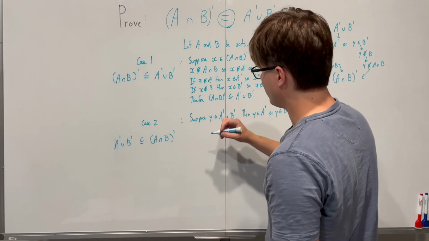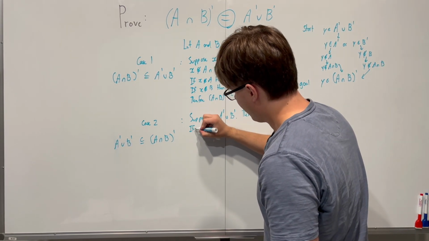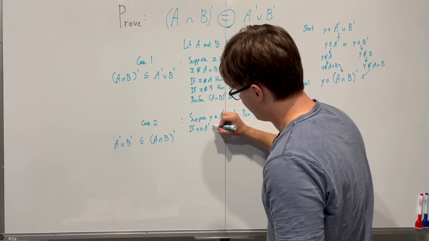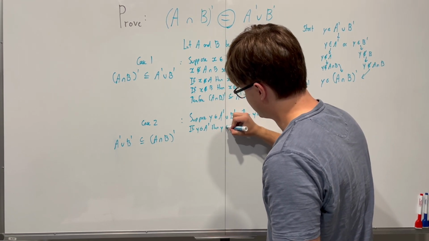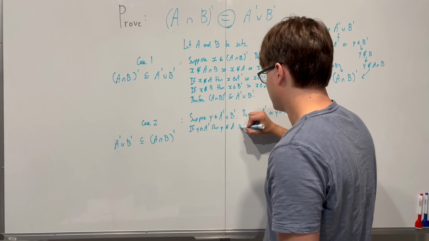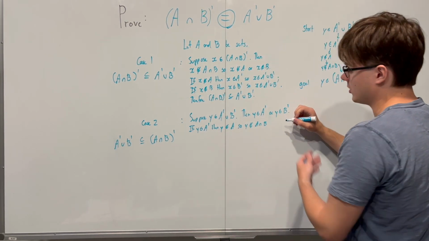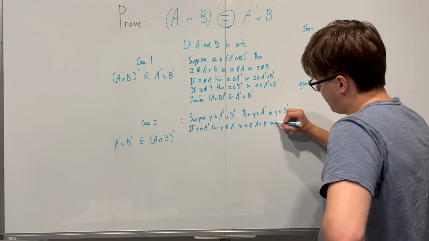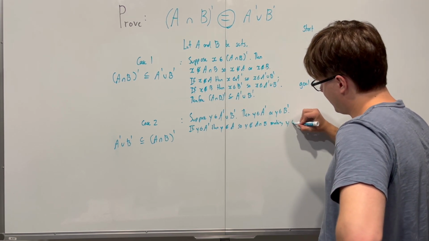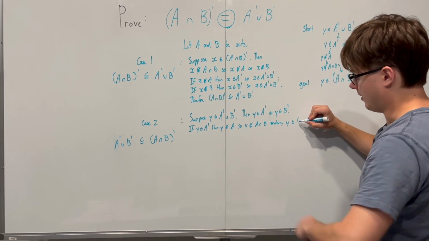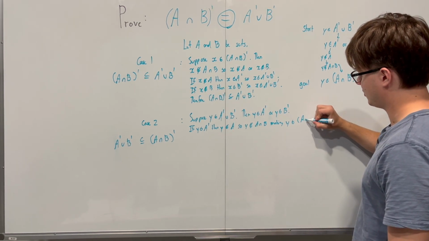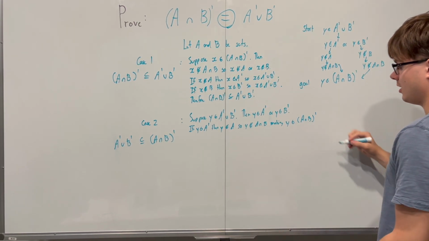Fantastic. Then we can break it up into our first case. If Y is an element of A complement, then Y is not an element of A, so Y is not an element of A intersected with anything, or A intersected with B, making Y an element of the complement of that set, A intersect B all complement.